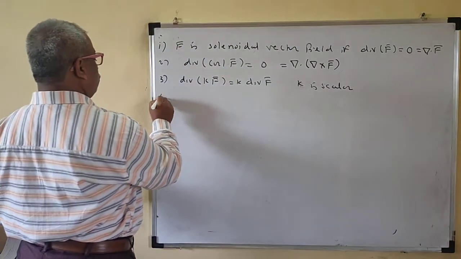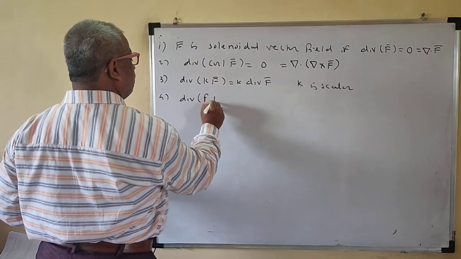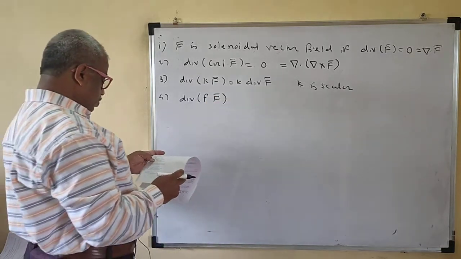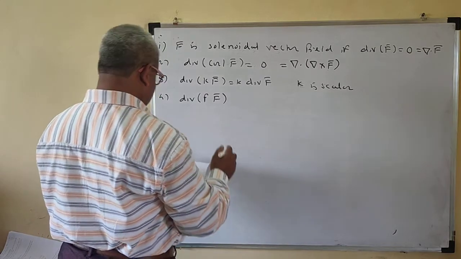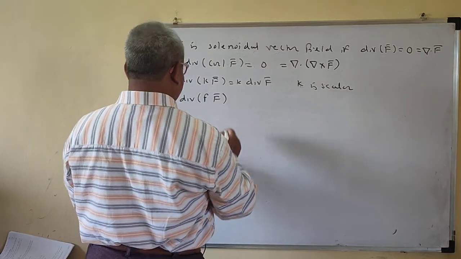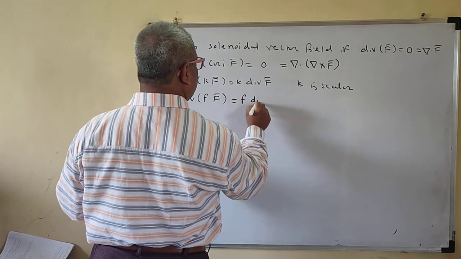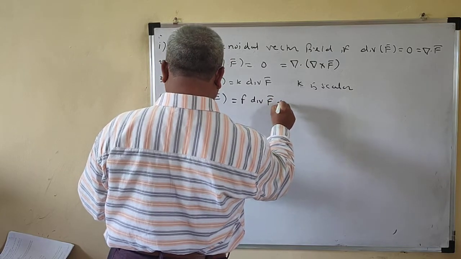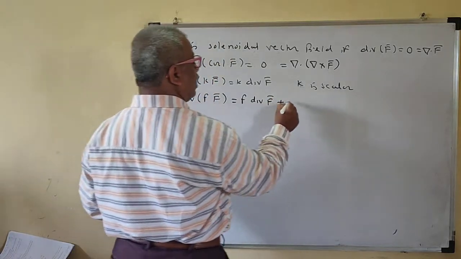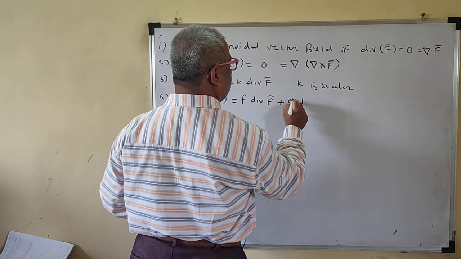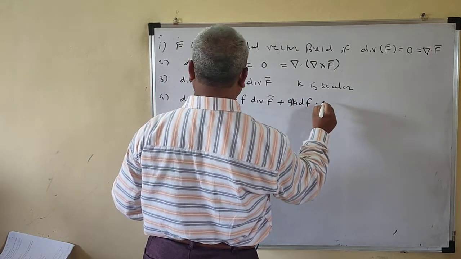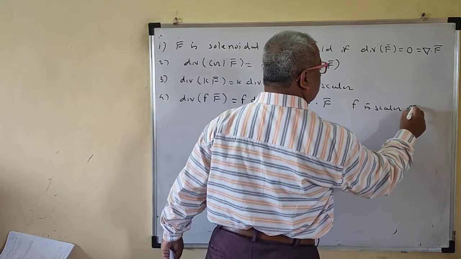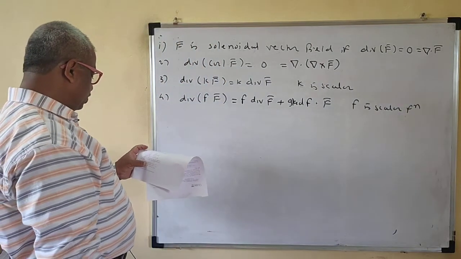Fourth, divergence of f f bar, where f is a scalar function, is f times divergence of f bar plus gradient of f dot f bar. So f is a scalar function.